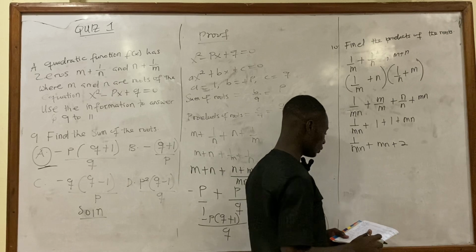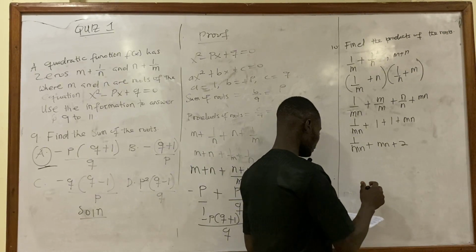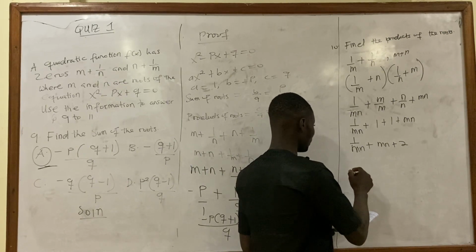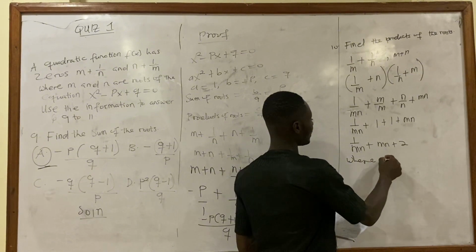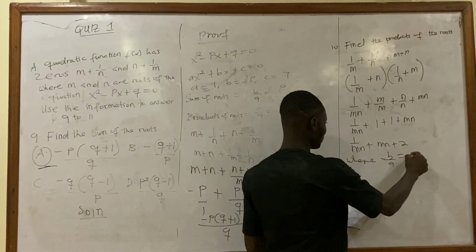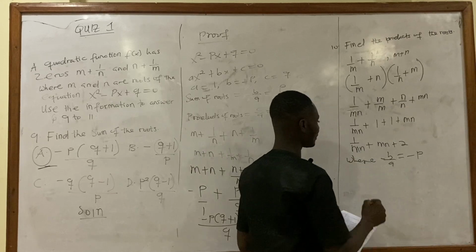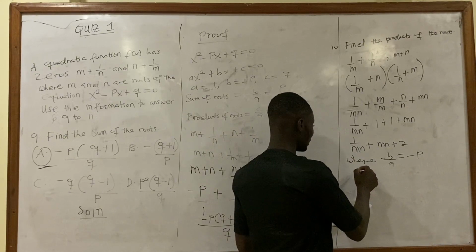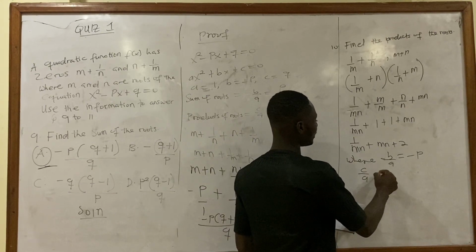So we say that minus b over a is equal to minus p, and c over a is equal to q.